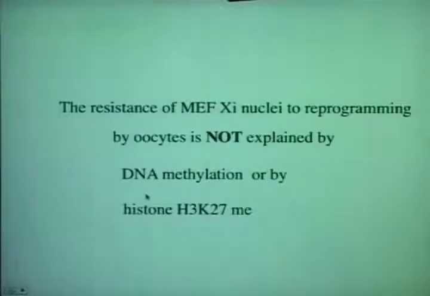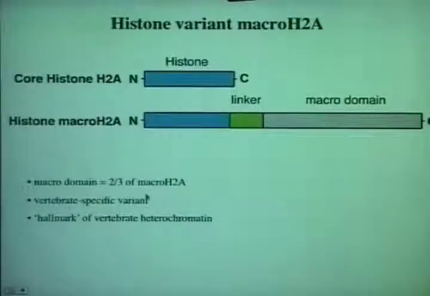And just to summarize a lot of work by my colleague Vincent Pask, this resistance turns out not to be explained by DNA methylation and not to be explained by the H3K27 methylation mark, experiments which show that. However, they are explained to a large extent by the histone variant macroH2A.